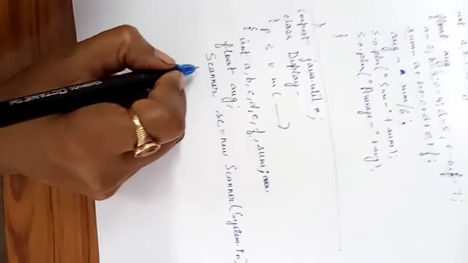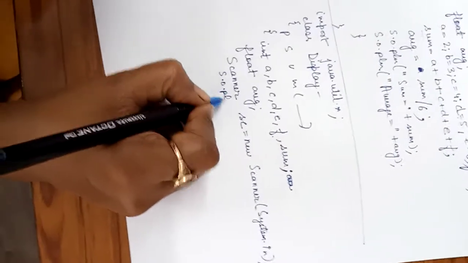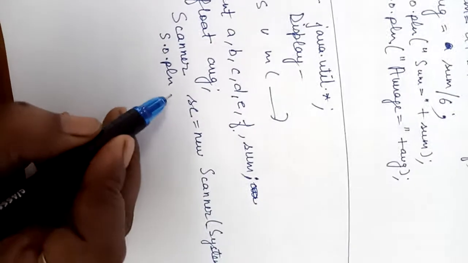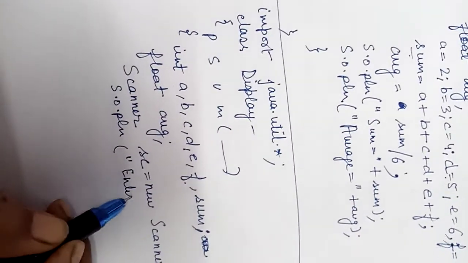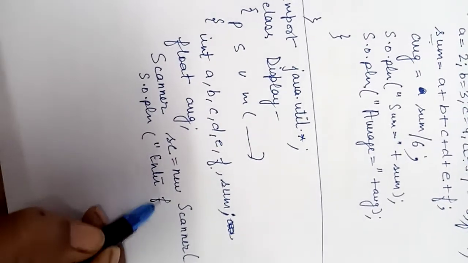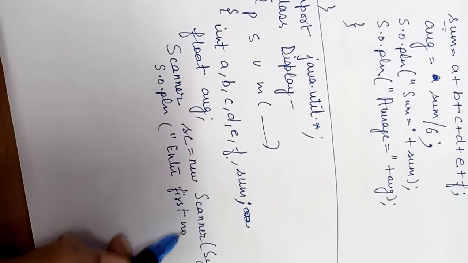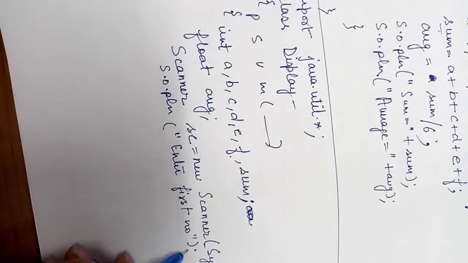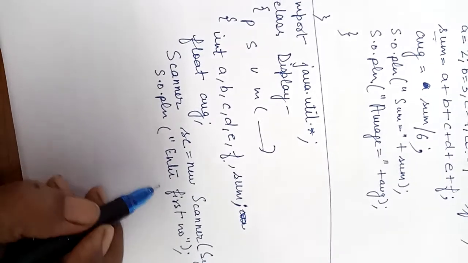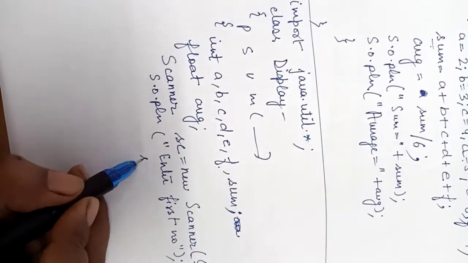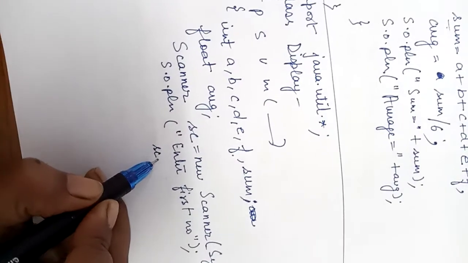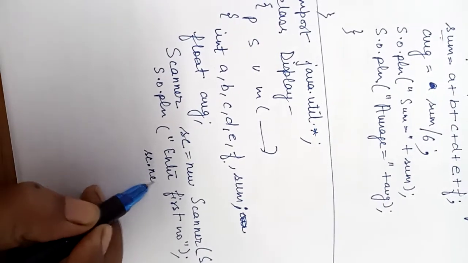Now SOPLN, enter first number. After this message the user will enter some value, so you will be writing this statement to read that.